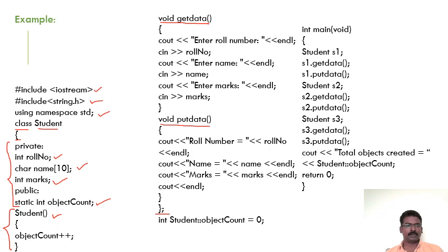Using this get data function, we are going to receive the student's details as input, and using the put data function, we are just going to display the student's details. These two functions are used for input and output operations, and the constructor is used just to count the number of objects that have been created.